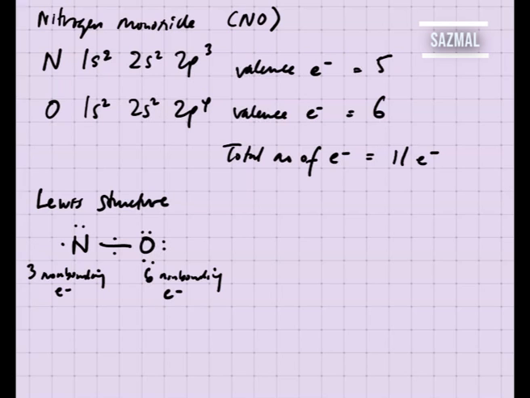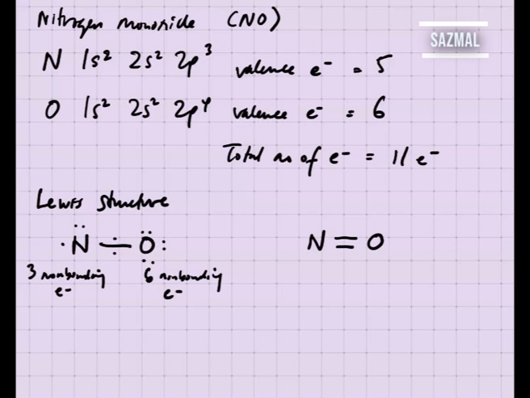In other words, there are 5 electrons around the nitrogen, whereas for oxygen it will have 8.